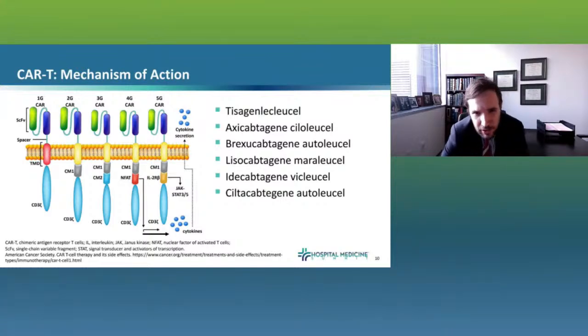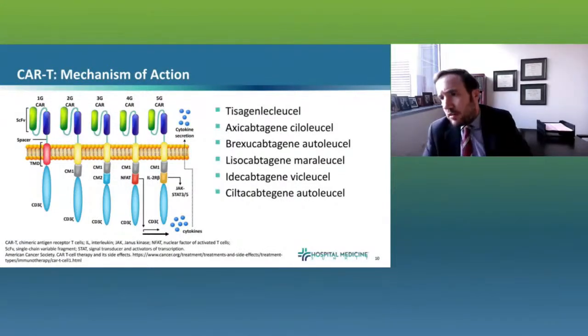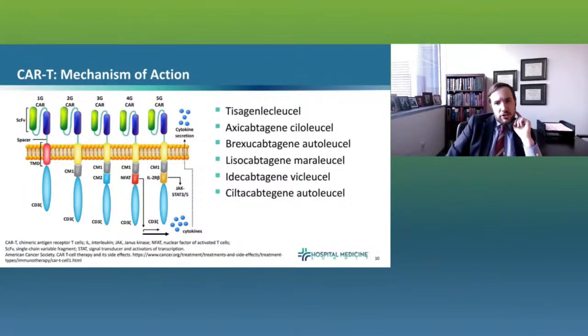Other ones here towards the bottom, ide-cel, cilta-cel, those target BCMA, which is on multiple myeloma cells. And again, these approvals are happening at a rapid pace. The diffuse large B-cell lymphoma approvals were back 2018, 2019. We're just now getting the myeloma approvals. And I guarantee you're going to see more and more of these patients. When these first came on the scene, we were looking at them in later lines of therapy, third, fourth line.